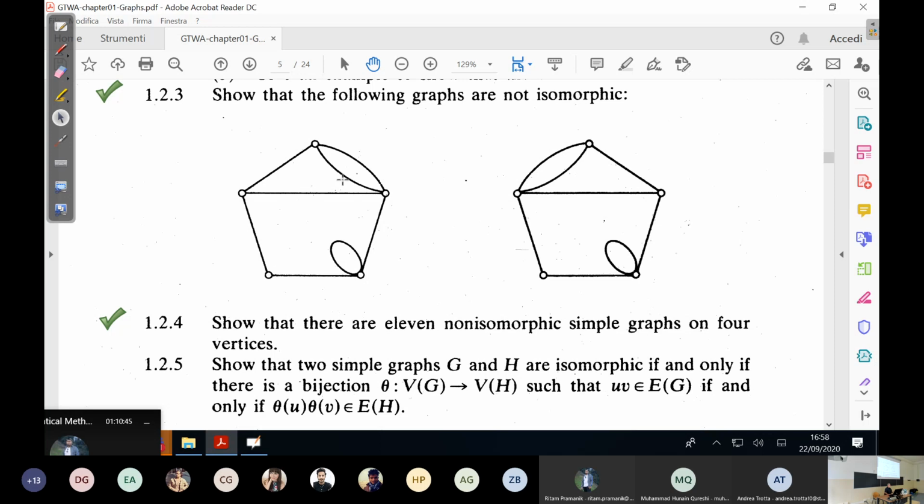So this is another constraint, less strong than this very strong constraint. This edge must go to this edge, and so this vertex must go to this vertex. But with this other set of constraints, I can already say that it's not possible. Why?